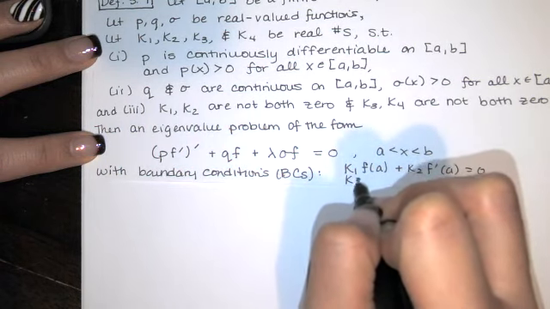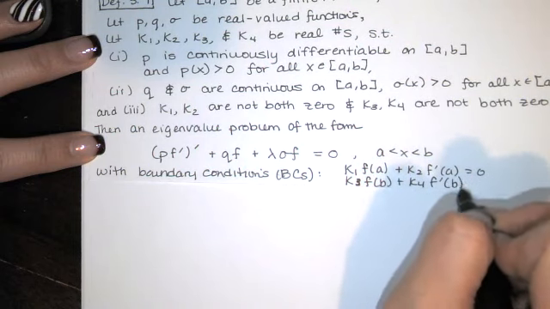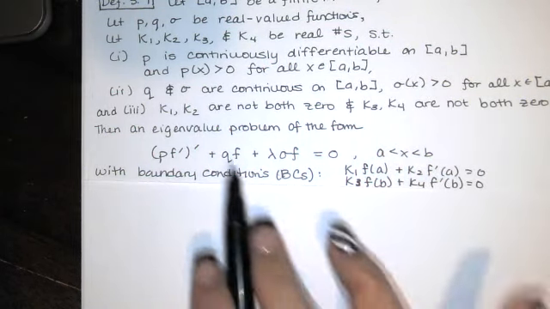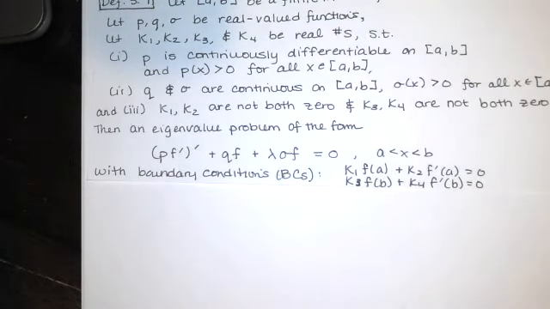And kappa 3 times F of B plus kappa 4 times F prime of B equals 0. A problem that looks like this, subject to these boundary conditions, is called a regular Sturm-Liouville problem.